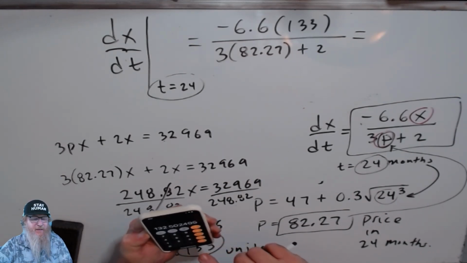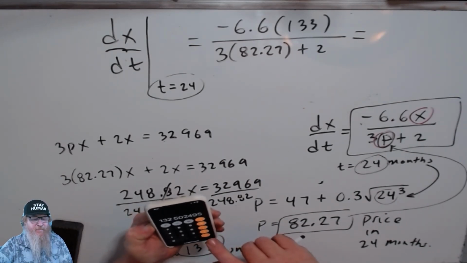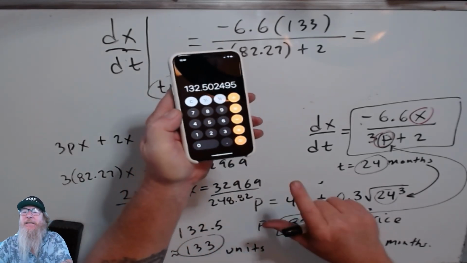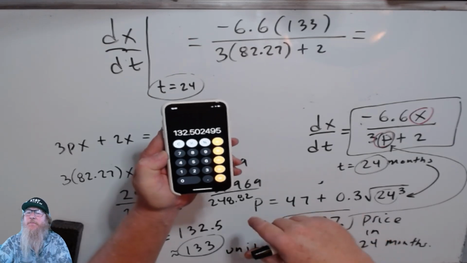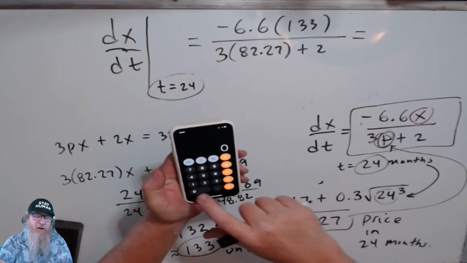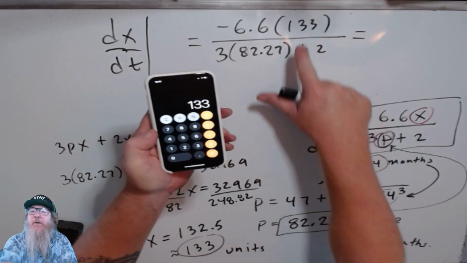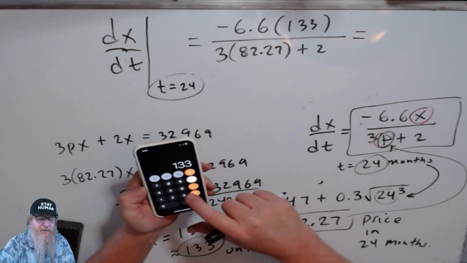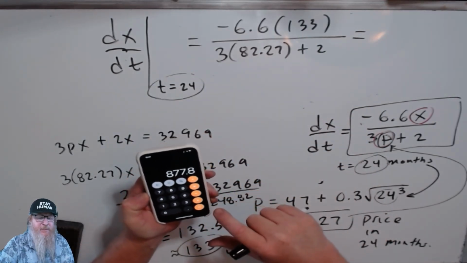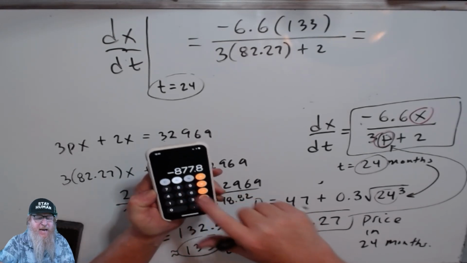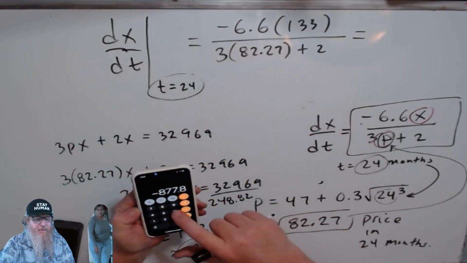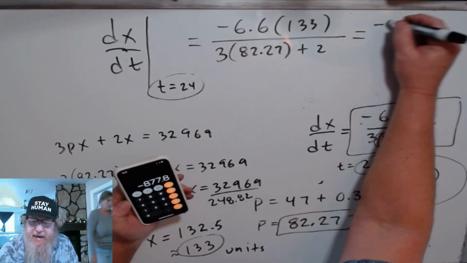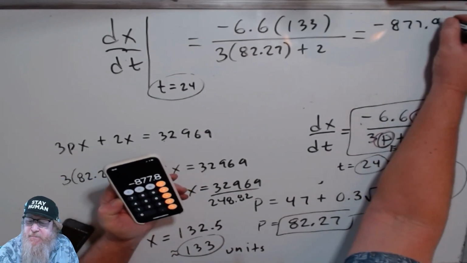So let's see. I rounded this already. You could leave it alone if you want. It's up to you. I already rounded it, so I'm going to go with the rounded number. 133 times 6.6 negative. So I've got negative 877.8.